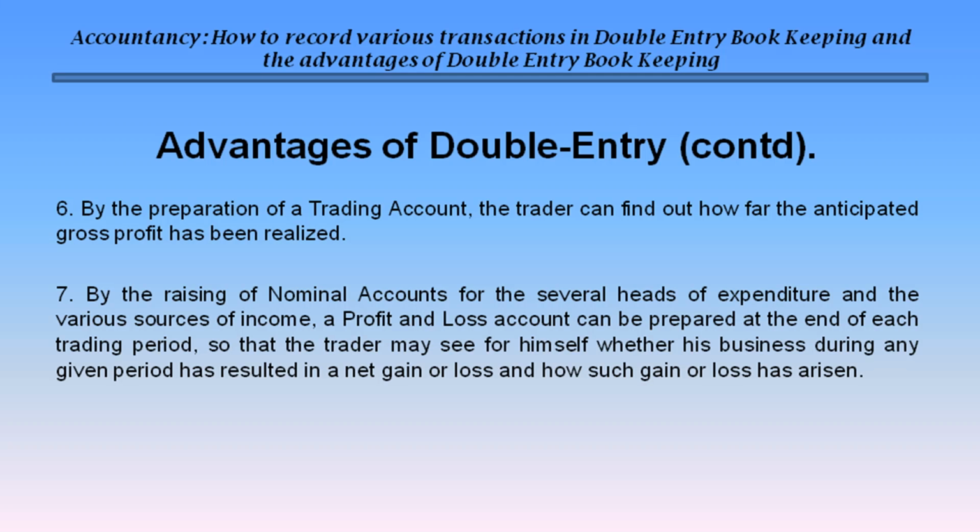By the raising of nominal accounts for the several heads of expenditure and the various sources of income, a profit and loss account can be prepared at the end of each trading period so that the trader may see for himself whether his business during any given period has resulted in a net gain or loss and how such gain or loss has arisen.